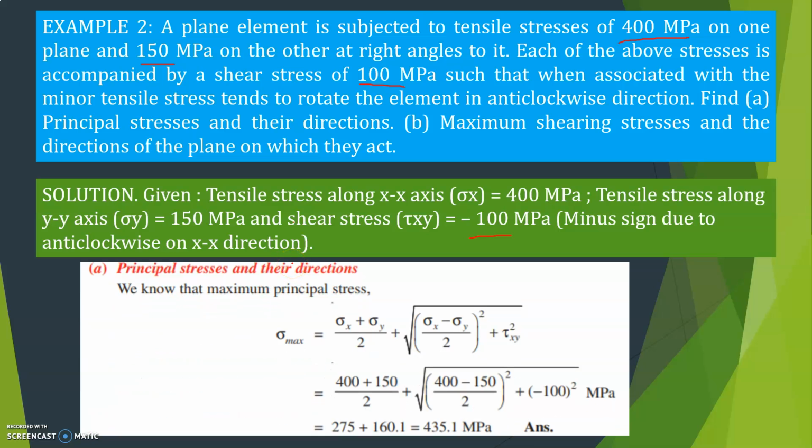So, direct formula, you have principal stresses. What is that formula? Maximum principal stress is given by this equation: (sigma x plus sigma y) divided by 2 plus square root of ((sigma x minus sigma y) divided by 2) whole square plus tau square xy. So substitute and simplify, you get maximum principal stress, sigma maximum, is equal to 435.1 MPa.